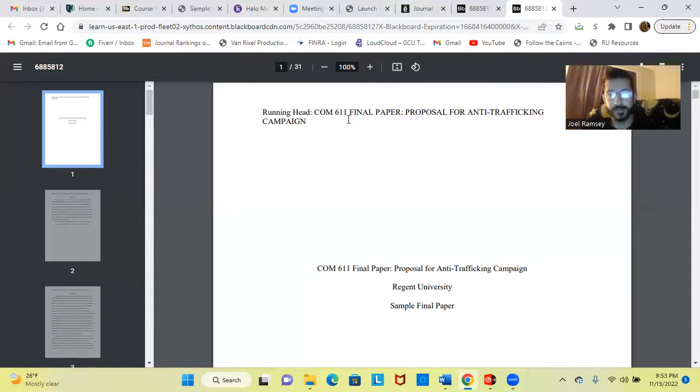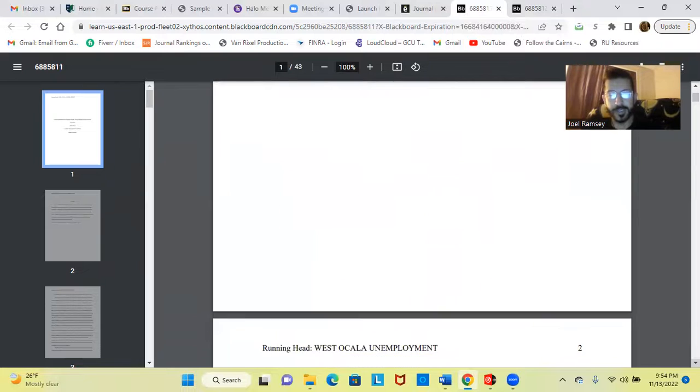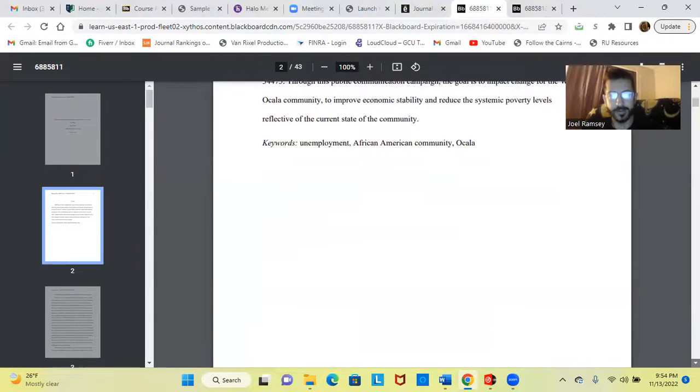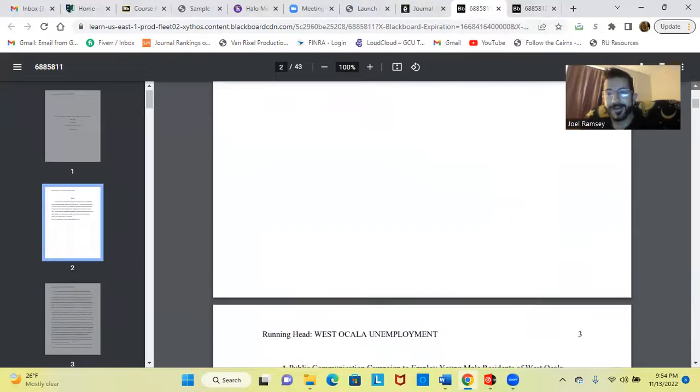Issue here, way too big. That running head is immense and needs to be shortened. This one is fine, except that the words running head appear throughout their entire paper. It is only supposed to be on your title page. Okay, all right, enough about that.